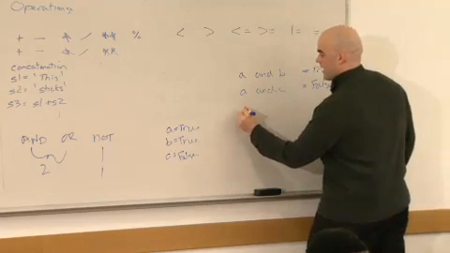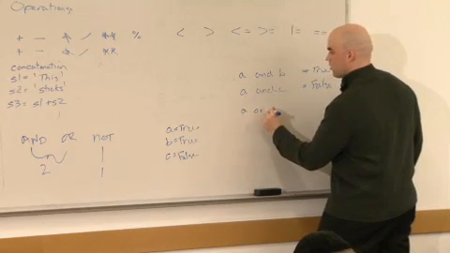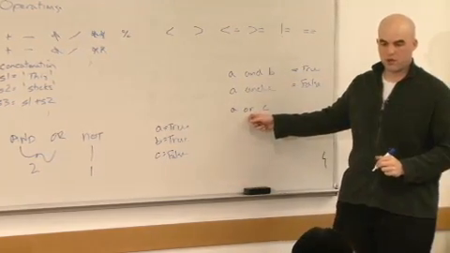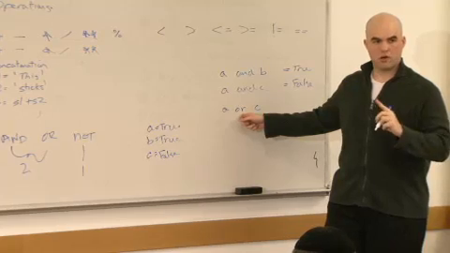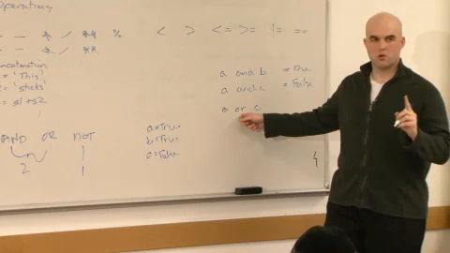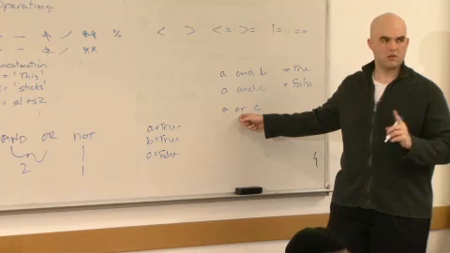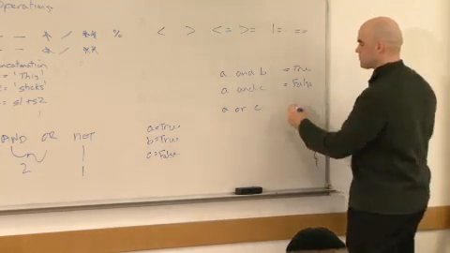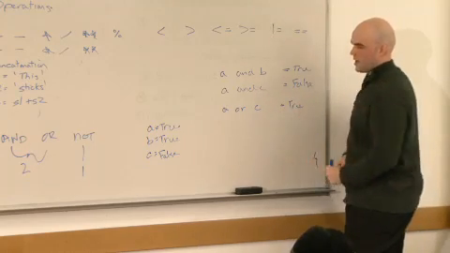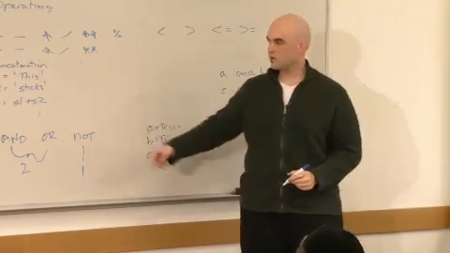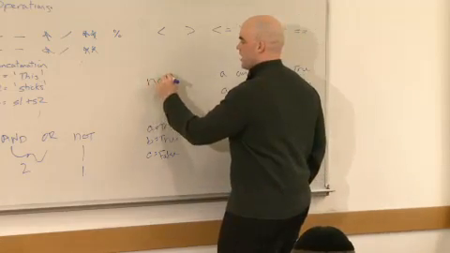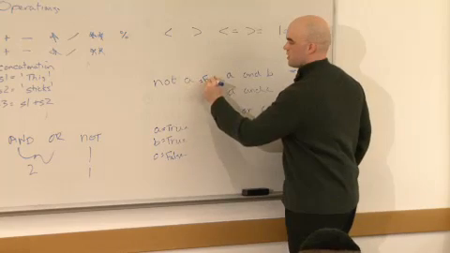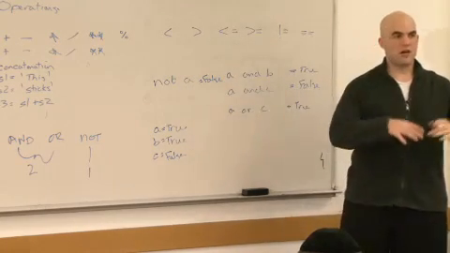If you say A or C, or returns true if both operands or one operand is true. So if any of them are true or both are true. If they're both false, then it returns false. And not, all this does is if I say not A, it'll return false. It reverses it.